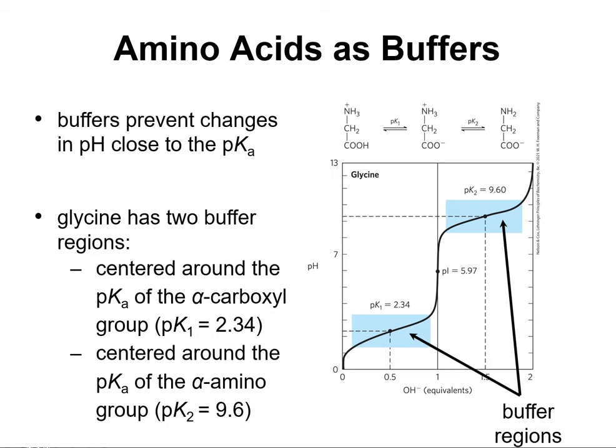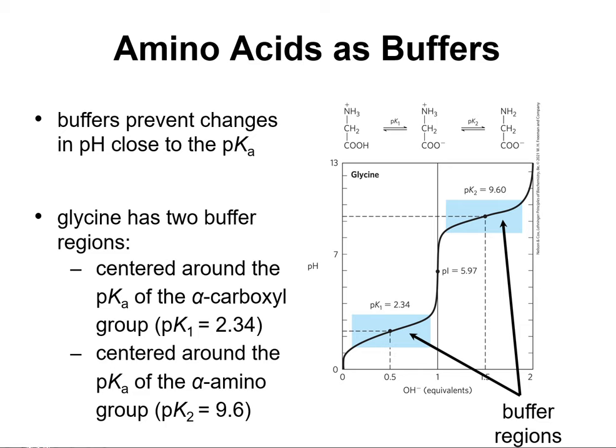Since amino acids have these ionizable groups, they can act as buffers. We've got two buffering regions. The closer you are to a pKa, the better the buffer you have. If I gave you a titration curve, you should be able to tell me where the buffering regions are and what pH you wouldn't want to have a buffer.